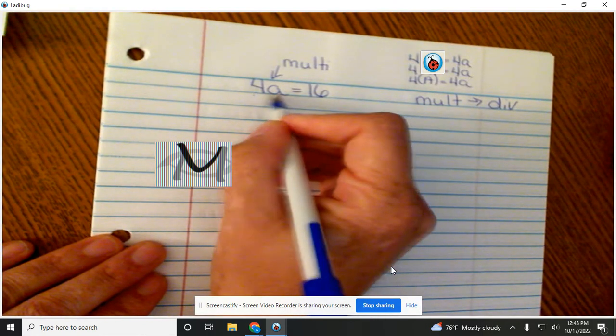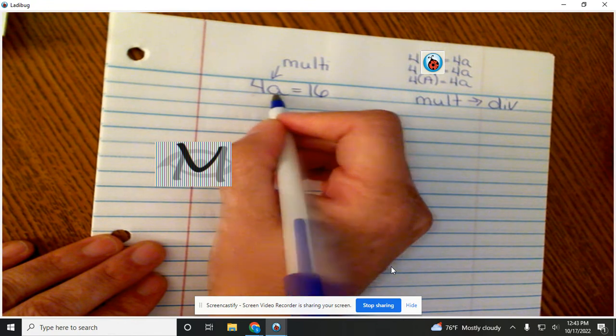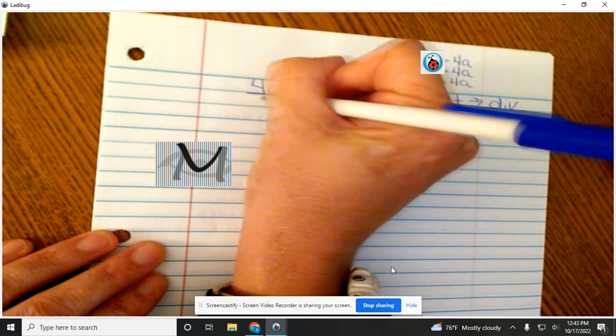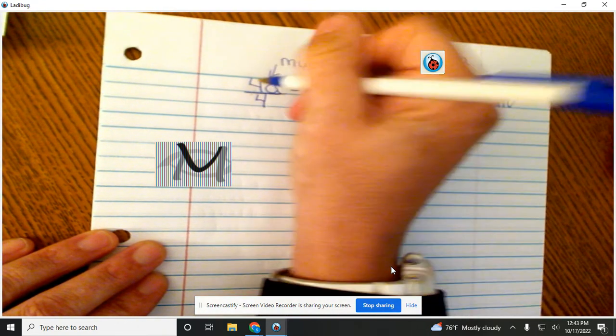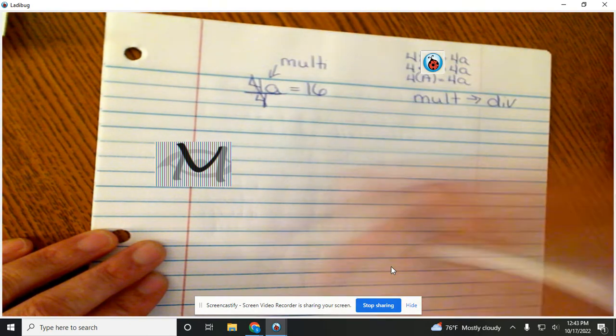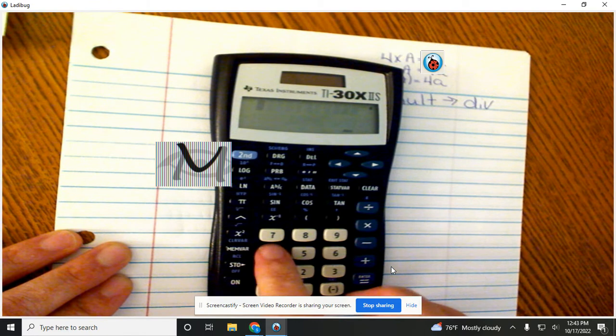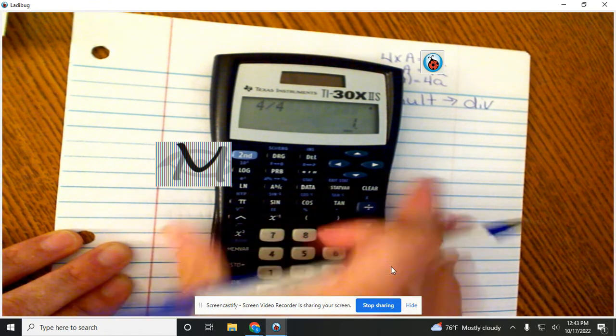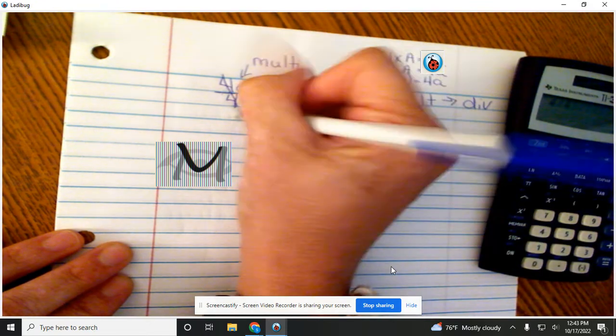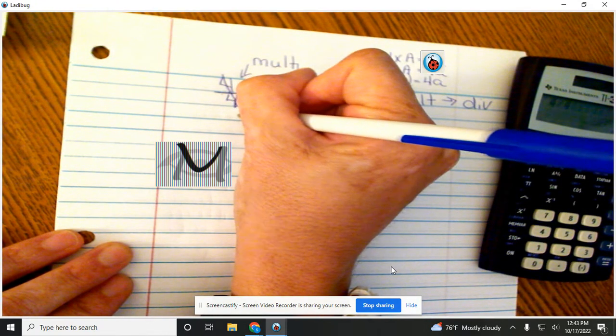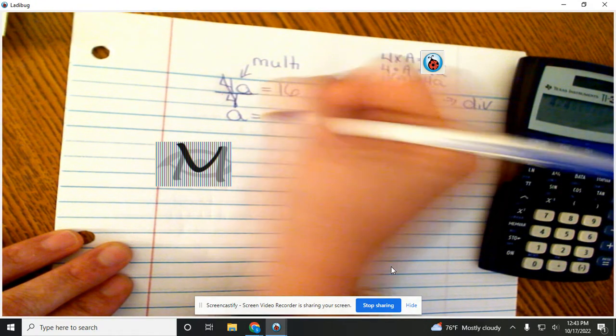So if I have 4a and we know that we're going to divide, which is the opposite, I'm going to divide by 4, which crosses this out. And if you were to put this in the calculator, you would have 4 divided by 4, which would give you 1. So 1a is my secret one, which means that it can come and go as much as you want.